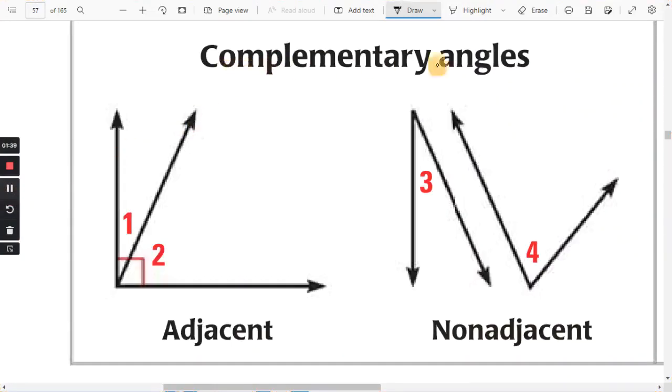For the complementary angles, as long as they are two angles that add to 90 degrees, they're complementary. They can be adjacent or non-adjacent. Remember, for adjacent, they share the vertex, which is right there, and the common side. Non-adjacent means they're two separate angles not sharing the vertex or the side.